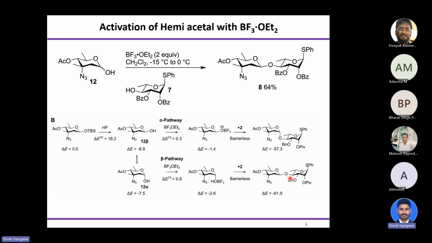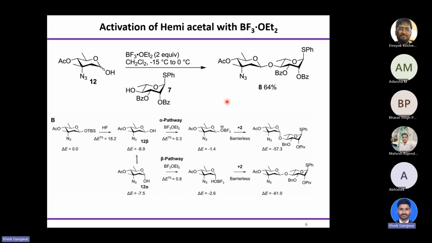That's why they are selectively getting this in case of BF3 activation, and this compound is also much more stable compared to this alpha product.